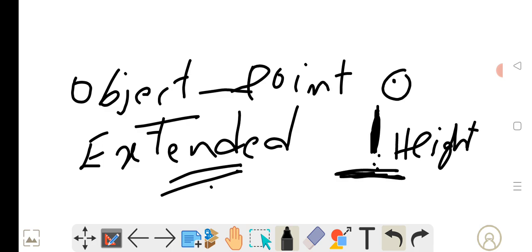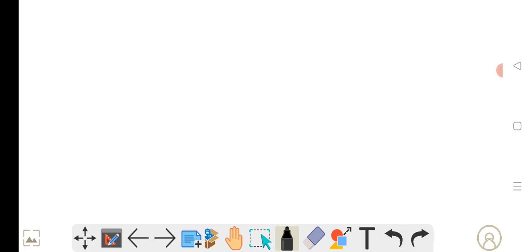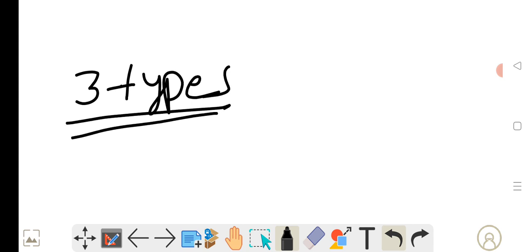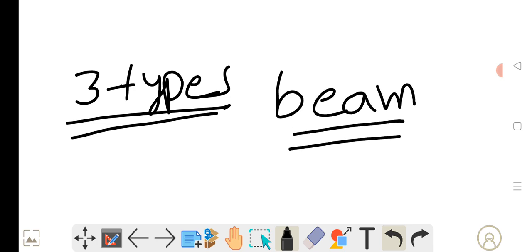Generally we will not have one light ray, isn't it? We'll generally have a beam. So we have three types of beams coming from the object.